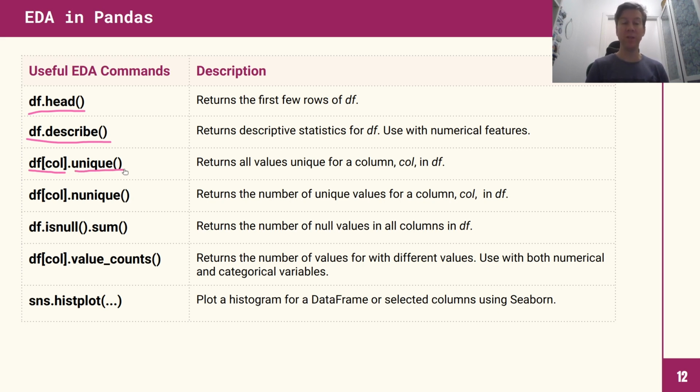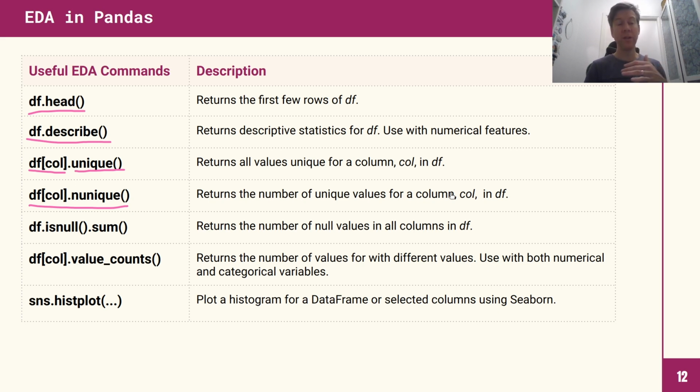So we'd call unique on it, and it'll return all the countries where the credit card transactions have been performed. Maybe too many rows would be returned because you have a lot of different categorical values, so you just want to know how many values there are. You can return the number of unique values for a column with nunique, and this is also true for numerical features.